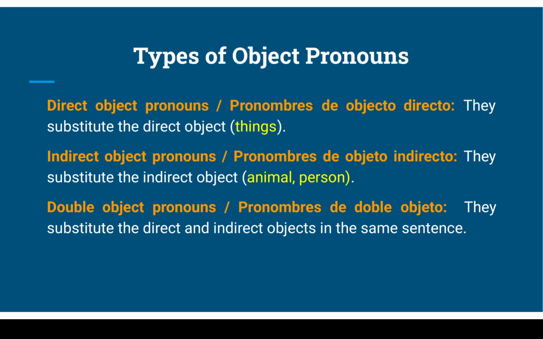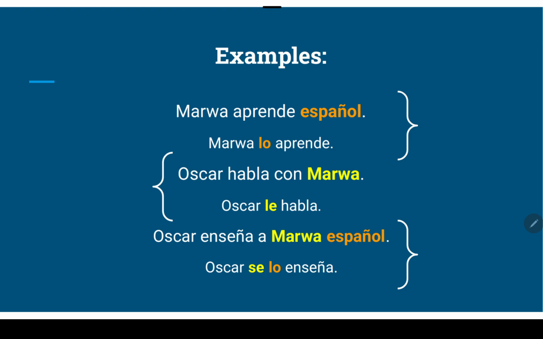Then finally we have the double object pronouns, pronombres de doble objeto. In this case, they substitute the direct and indirect objects in the same sentence. That means that we can use one or both in the same sentence, depending on the situation. In this case, we are going to see the three situations.